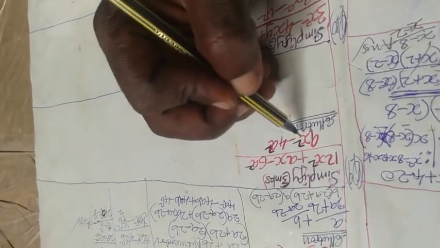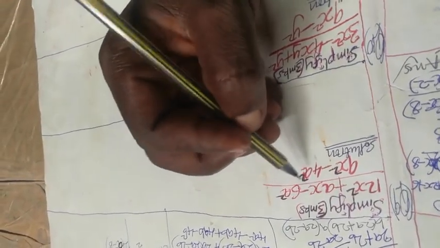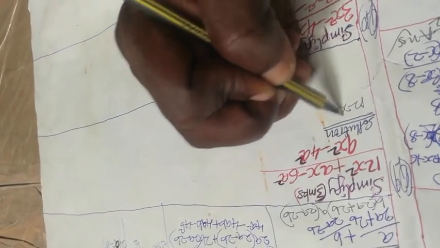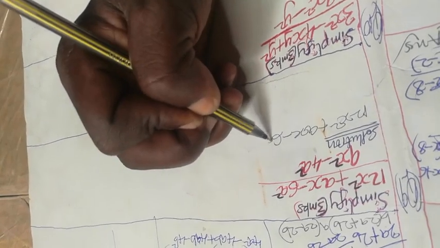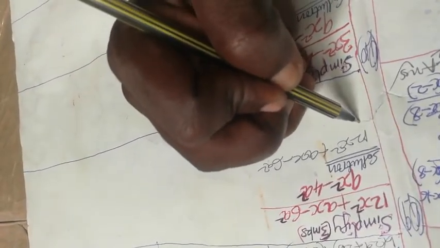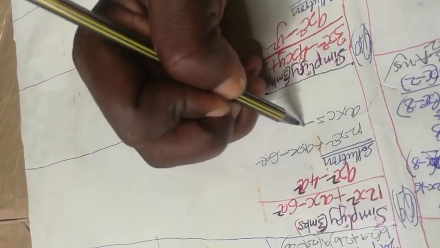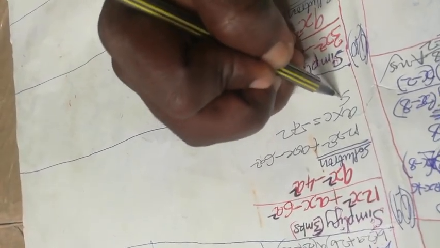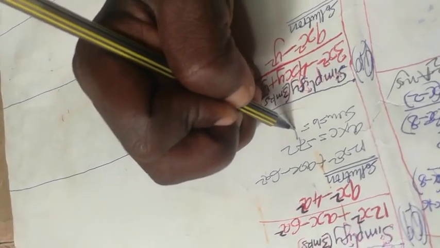If you factorize this part of the question, 12x squared plus ax minus 6a squared, our product a times c is given by negative 72. The sum, which is b, is equivalent to 1.